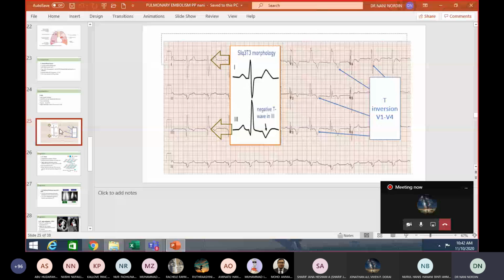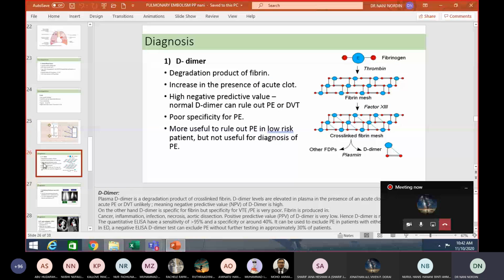Okay, so D-dimer is actually the product of degradation of fibrin. So whenever you have fibrin formation, it will be degraded.